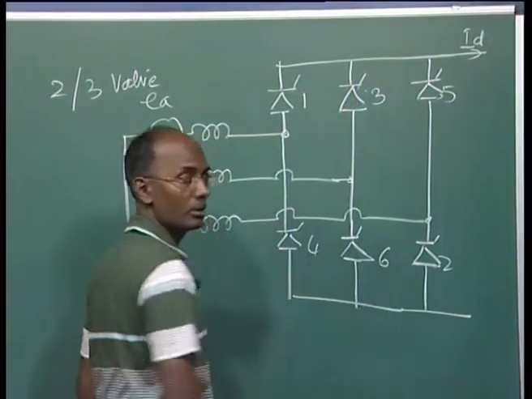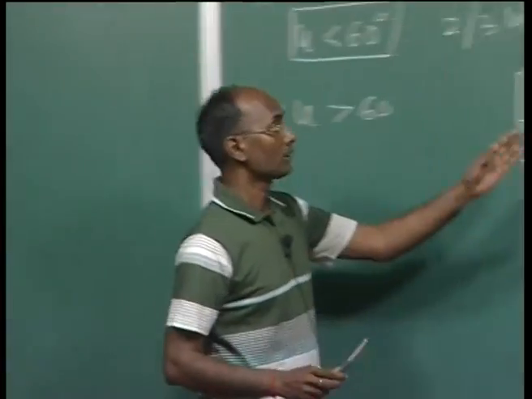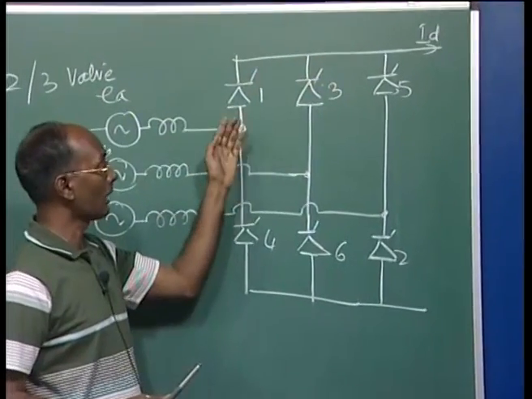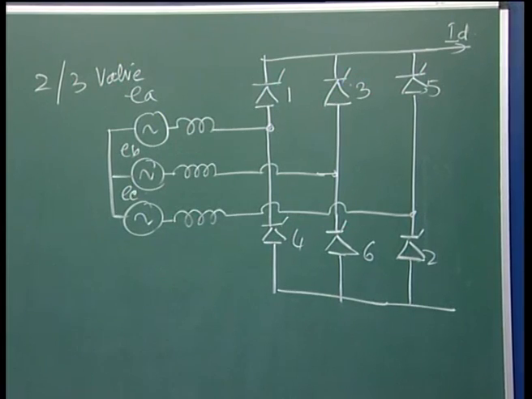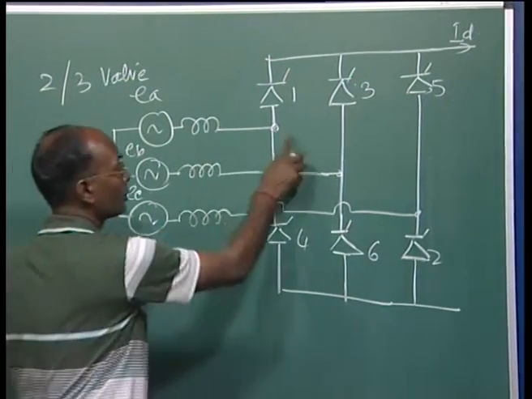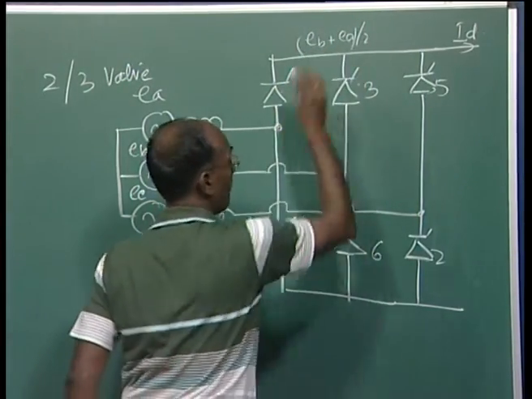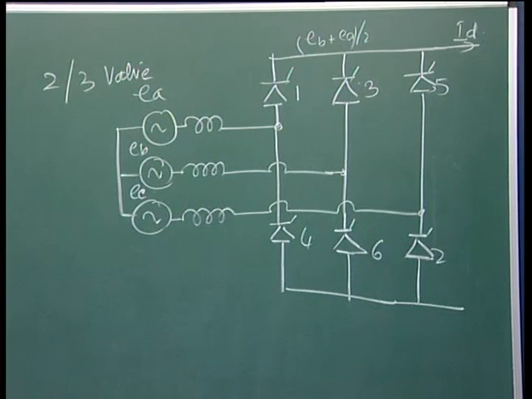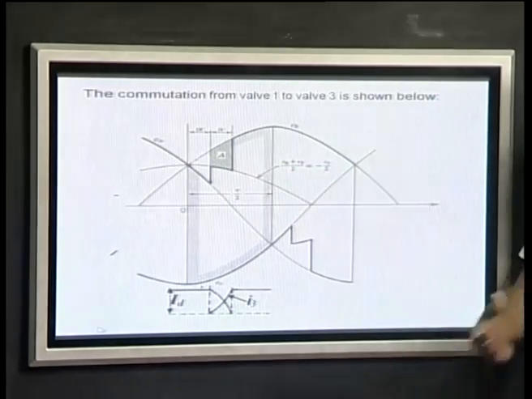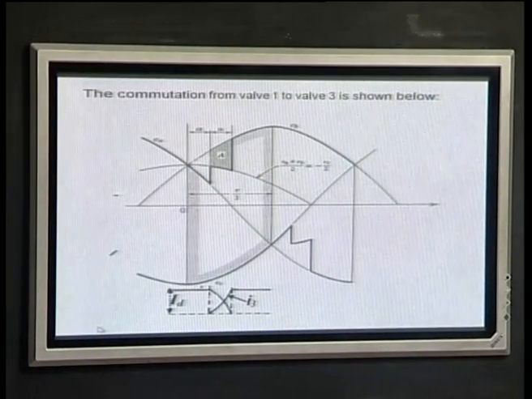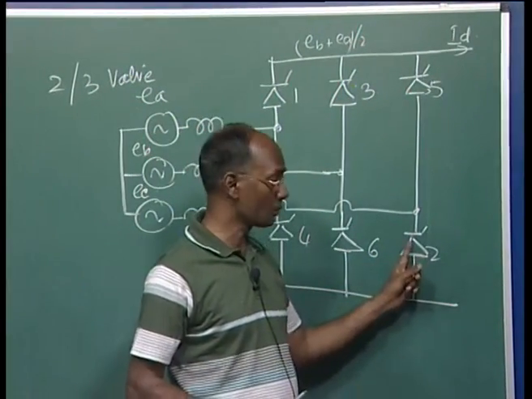So 1 and 3 are commutating each other, meaning the current from 1 is taken over by 3; earlier ID was flowing here, now this ID is shifting from here to here, and that period is the U period. In that case, because both are conducting, this voltage is nothing but EB plus EA by 2, which is minus EC by 2. So during that U period the output voltage, this upper part, will be minus EC by 2, and the lower is EC because 2 is conducting.